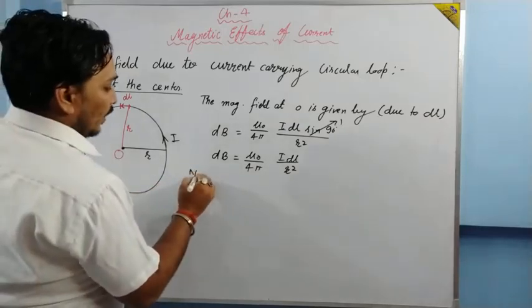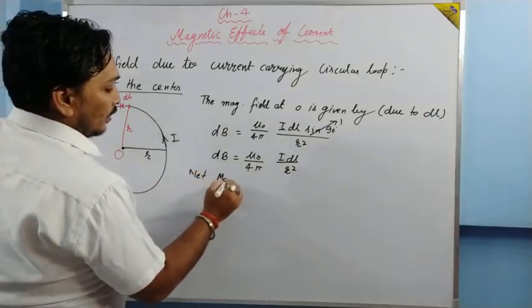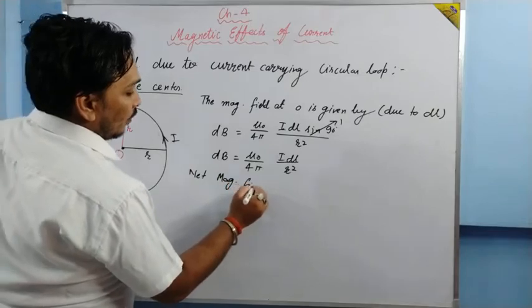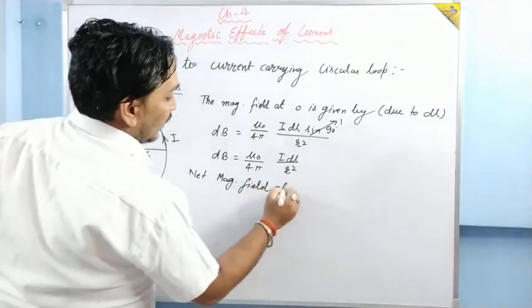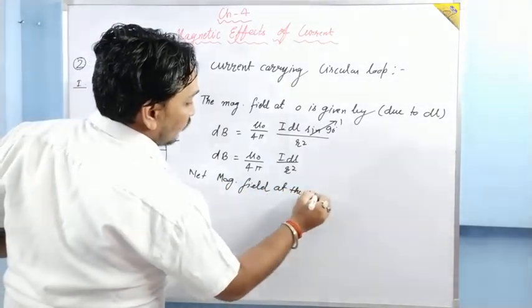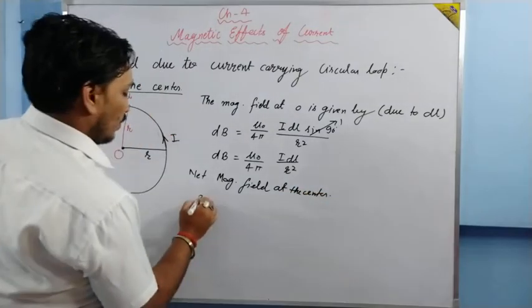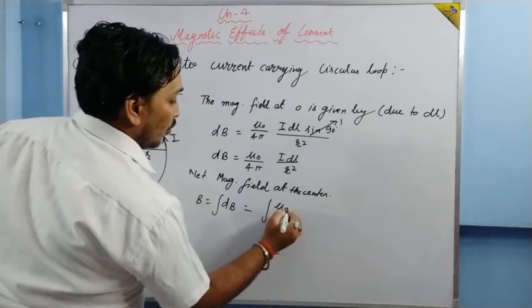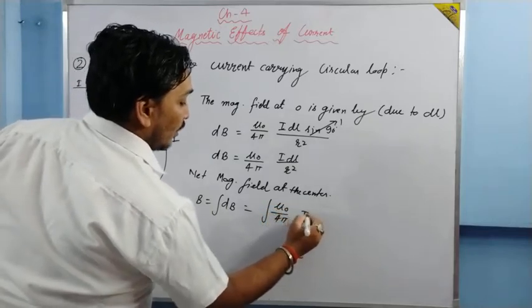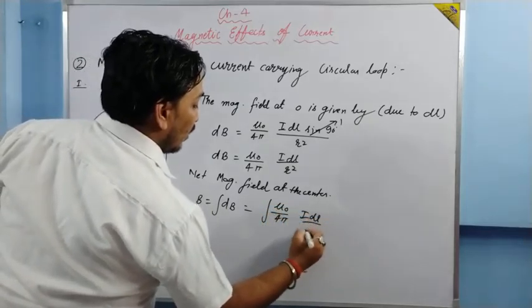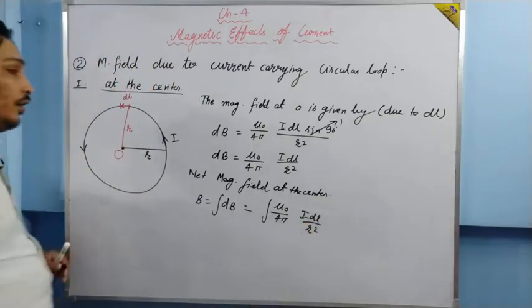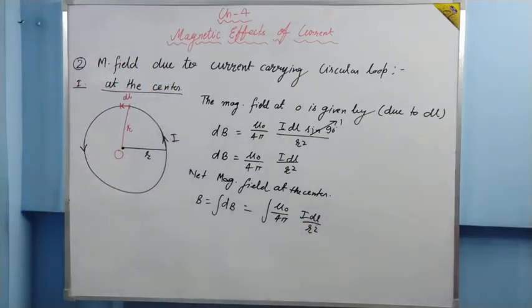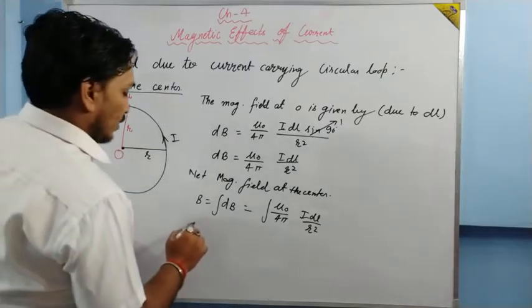Net magnetic field at the center: B is equal to the integration of dB, integration of mu naught upon 4 pi, I dl upon r square. dl will be integrated. dl is the length element on the circumference only, and if it is integrated, then it will give the value of the circumference. So what we are going to have?